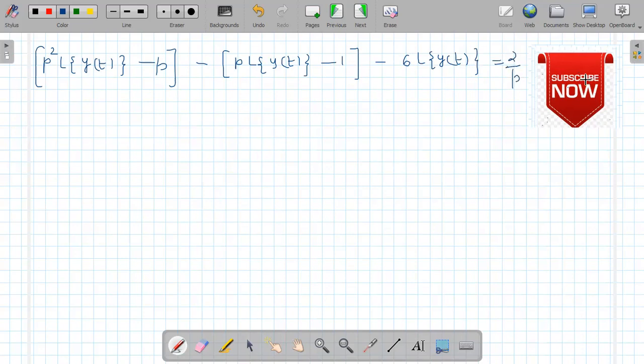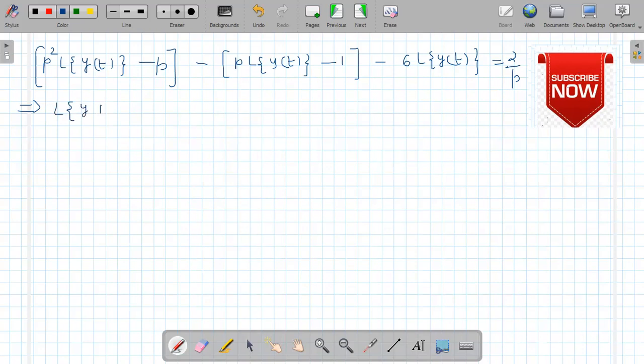This has to be done very carefully, because a mistake at this stage will make the whole solution wrong, so we have to take care at this point. Now what we'll do here is take L of y(t) common.